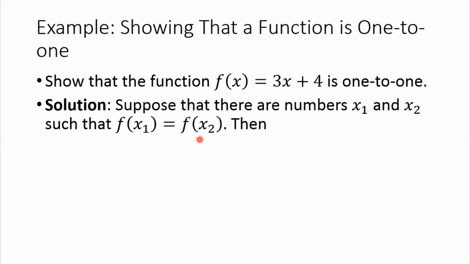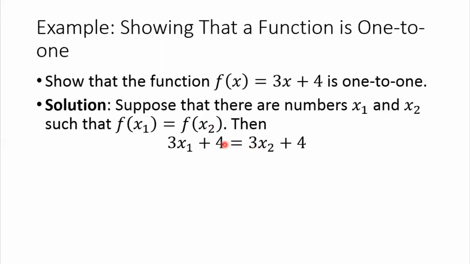Next, since f of x sub 1 is equal to f of x sub 2, by this given function, we are just following this formula here. So we have 3x sub 1 plus 4 is equal to 3x sub 2 plus 4. Then we solve for x sub 1 and x sub 2, or we combine like terms.